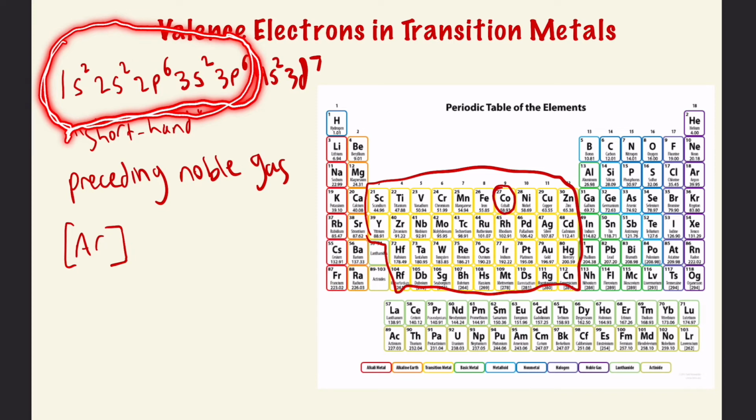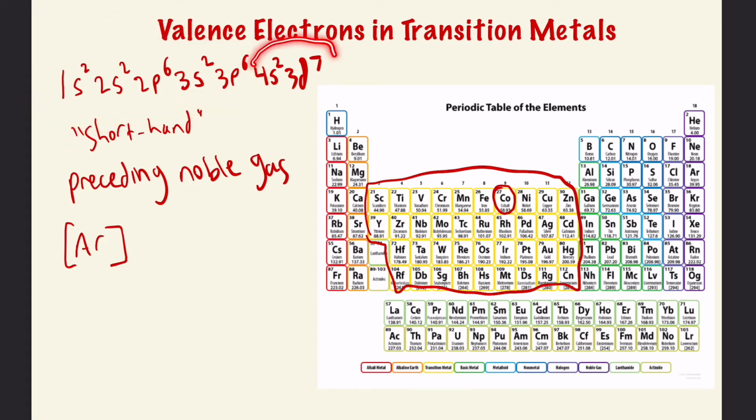And this leaves us with the remaining 4s2, 3d7. So after this argon in brackets, we write 4s2, 3d7. So this is the short form configuration, or the shorthand configuration.